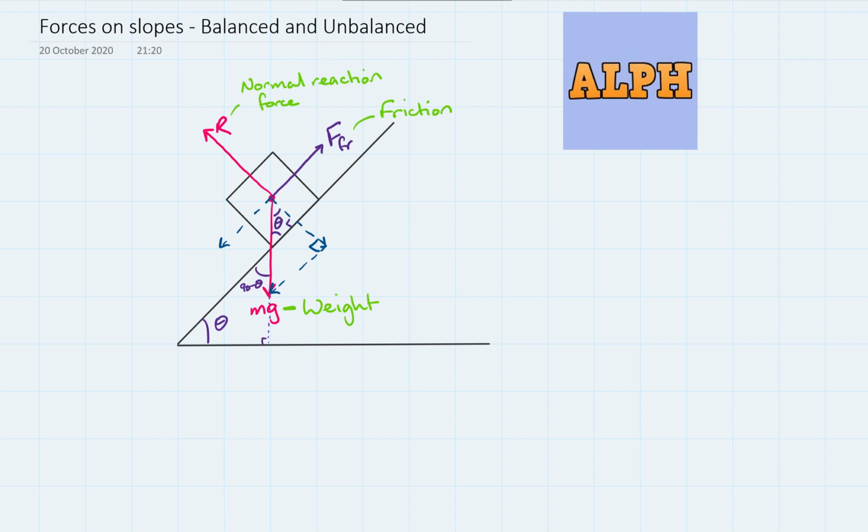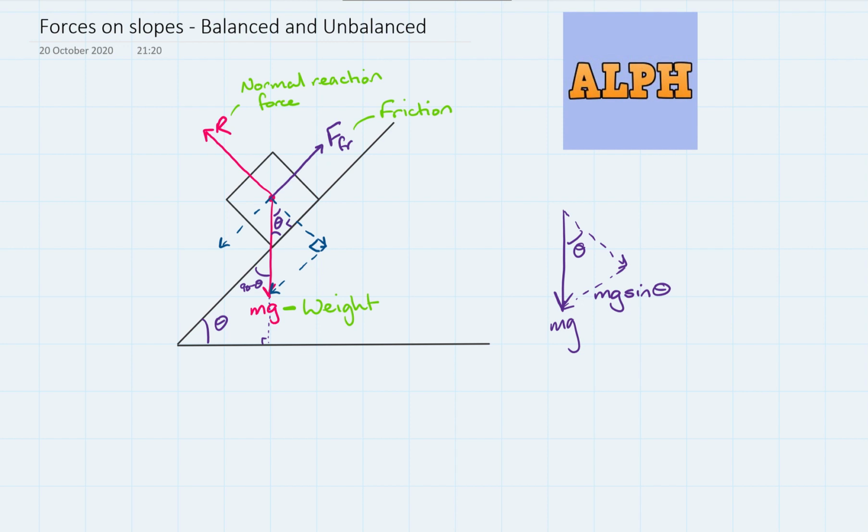So if I take that triangle out, I know that I've got my weight down, and then I've got a component there, and I've got a component there. This angle in here is theta. I can use my trigonometry, so the bottom side is going to be mg, which is my hypotenuse, times sine theta, because this is my opposite side, so sine theta is opposite over hypotenuse.